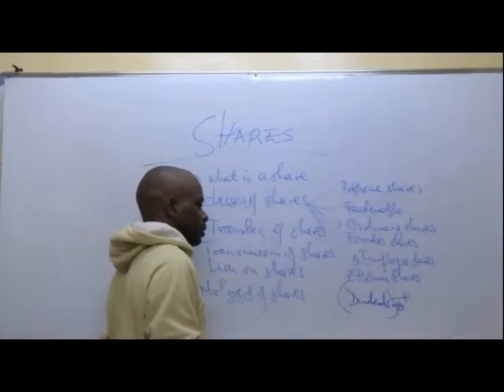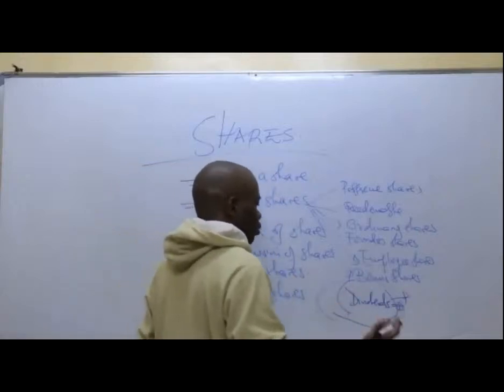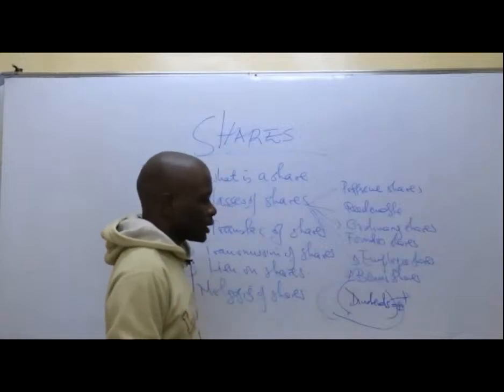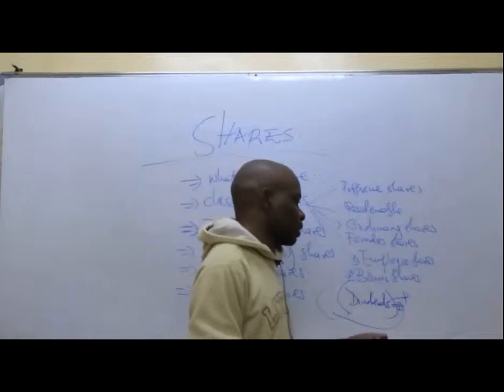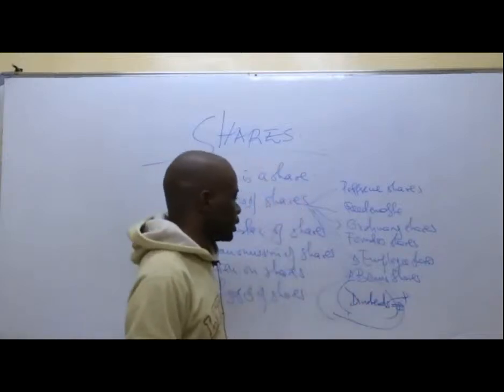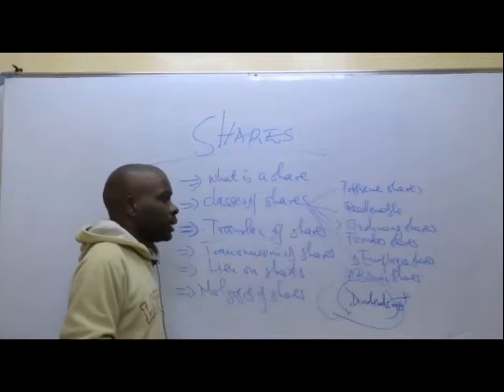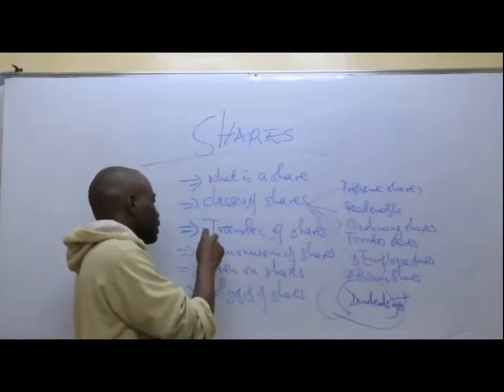You capitalize them and they become part of the capital by not issuing them out to the shareholders, but asking them to acquire more shares in the company. Those extra shares they acquire are termed bonus shares.